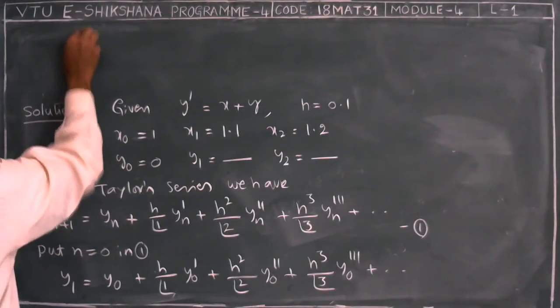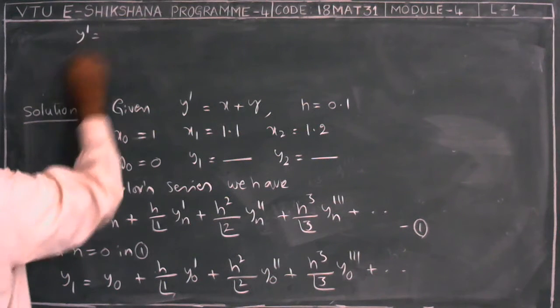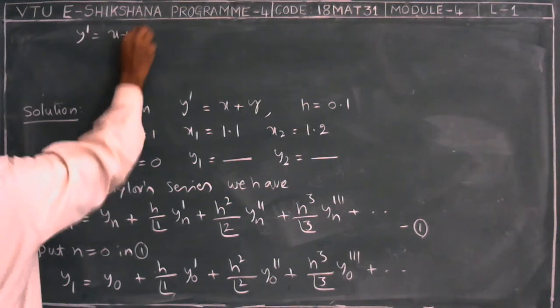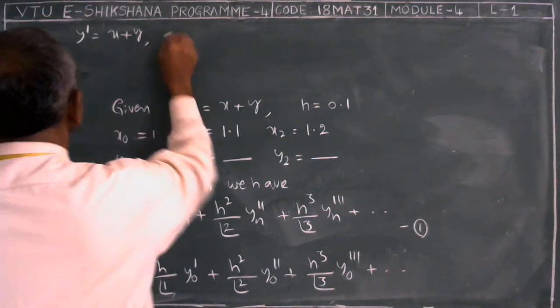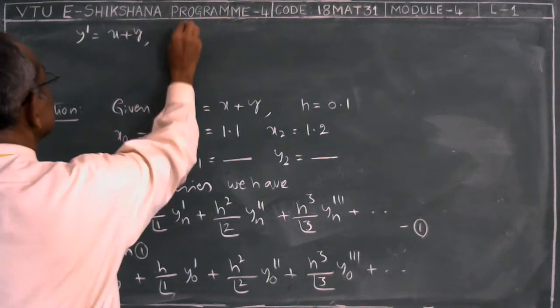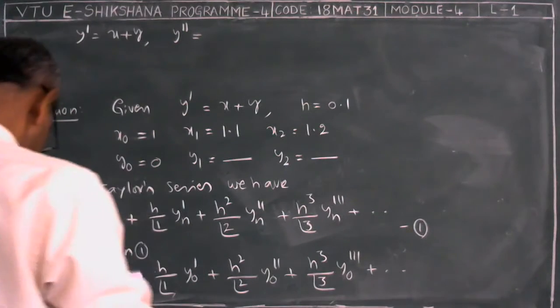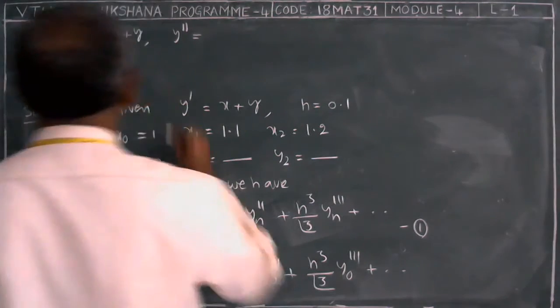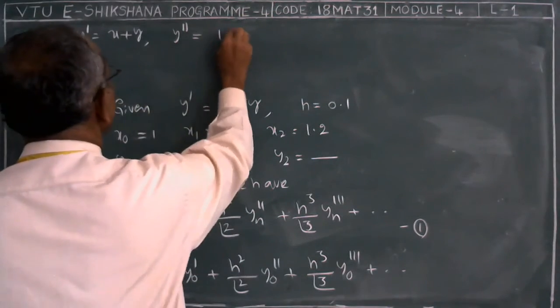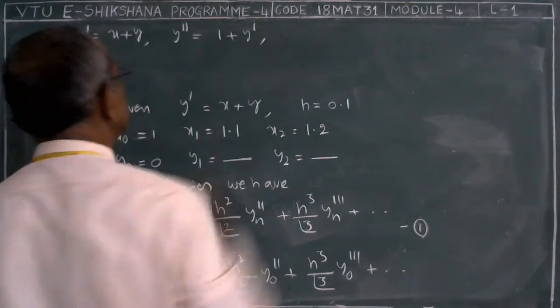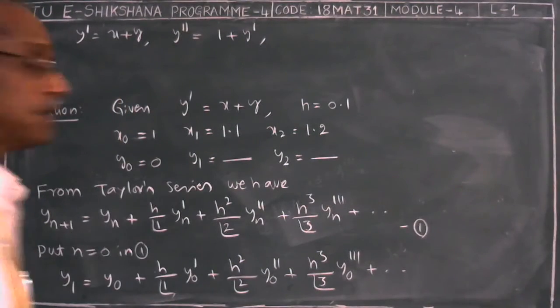So y dash is given to be x plus y. Then what is y double dash? Let me differentiate first. y double dash is 1 plus y dash. Very simple.